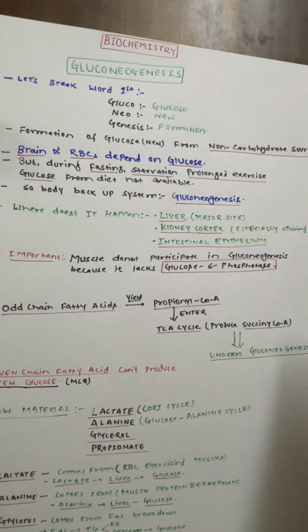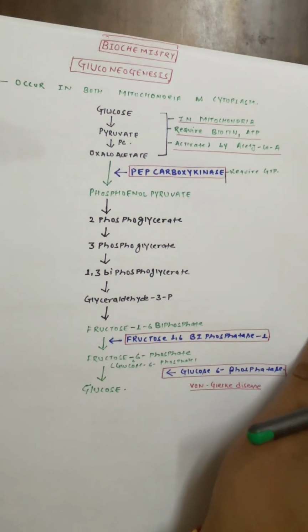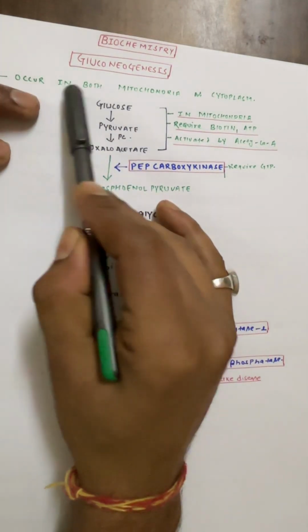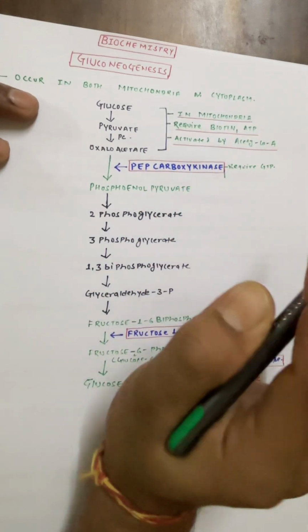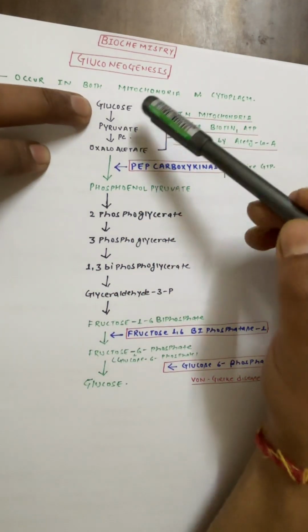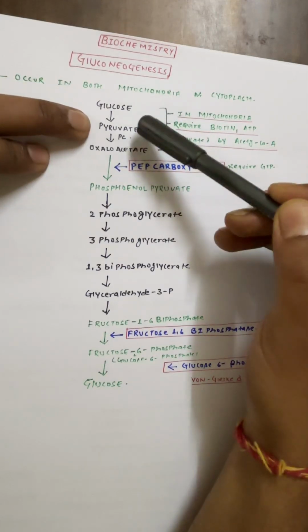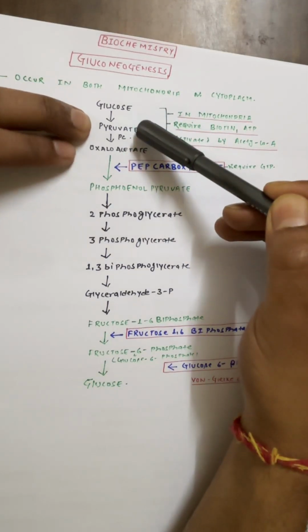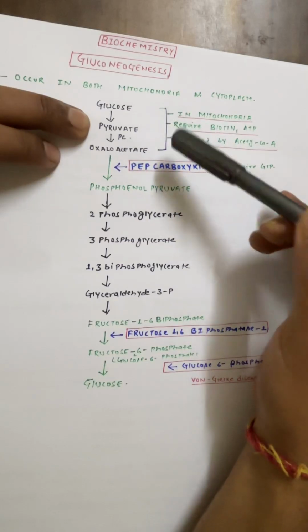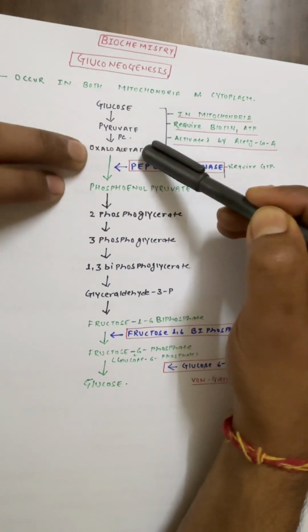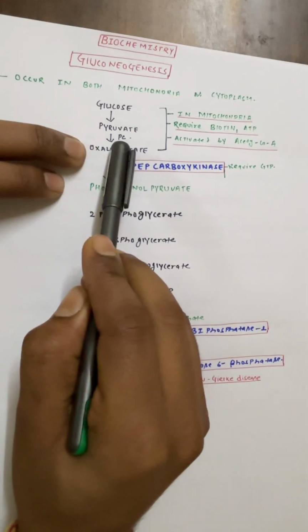Now we'll talk about the cycle. The gluconeogenesis cycle occurs in mitochondria and cytoplasm. In glycolysis, pyruvate is produced from glucose. In pyruvate metabolism, as we talked about in the last videos, pyruvate is converted to oxaloacetate with the help of the enzyme pyruvate carboxylase.